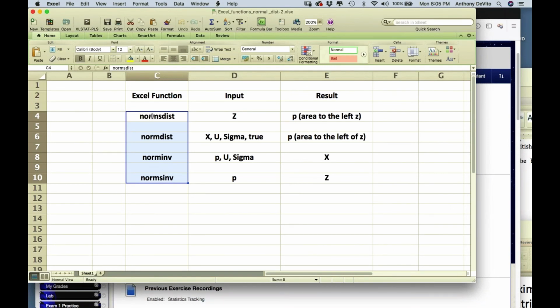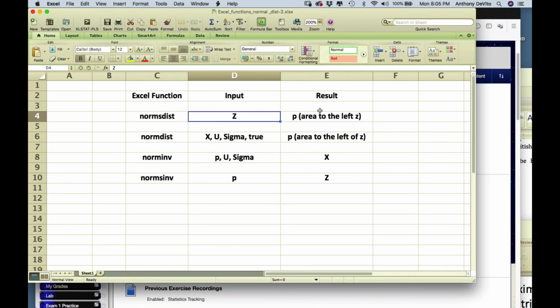For instance, there's a function called NORM.S.DIST. If you put in the z-value, it's going to give you the area to the left of the z-value, basically the same thing that we did when we were using the z-table. So I'll give you an example right now.